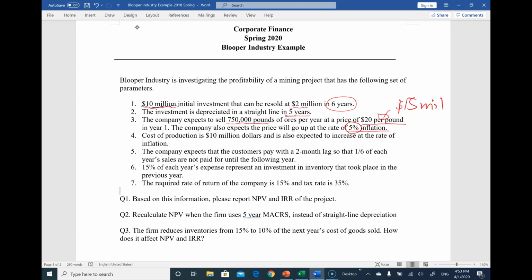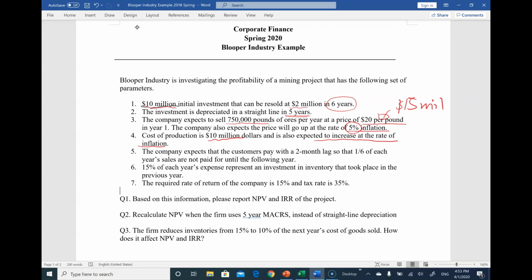So the revenue will go up each year at 5%, starting from $15 million in the first year. The expected cost of production is $10 million, and it is also expected to increase at the rate of inflation. So both the revenue and the cost will go up at the rate of inflation.